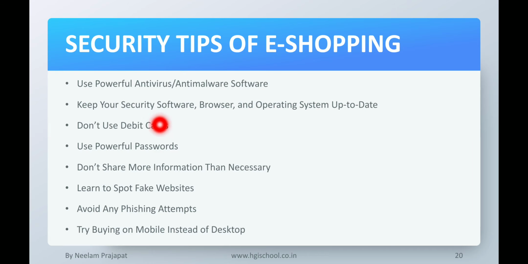Okay, like we should update our antivirus software, we should update browser settings also, update browsers, and we should update the operating system on time. And we should not use debit cards. It is better to use a credit card rather than debit cards. And use powerful passwords. Don't share more information than necessary. Learn to spot fake websites.